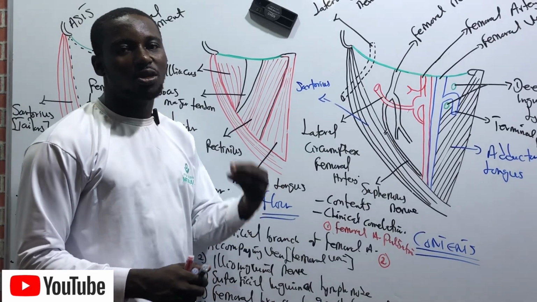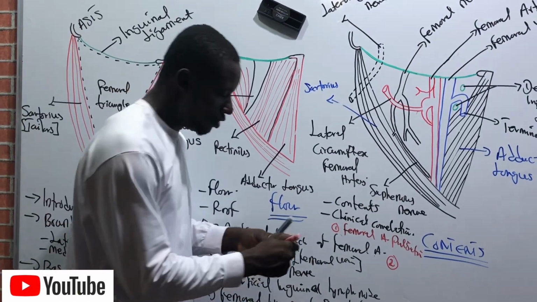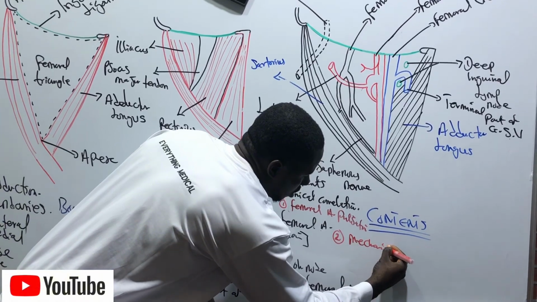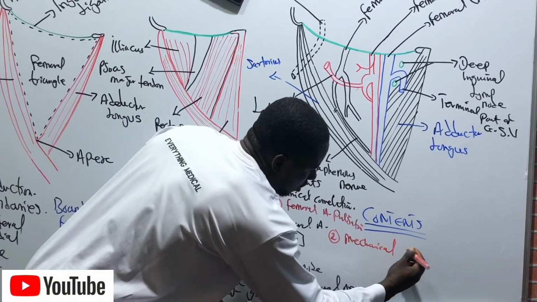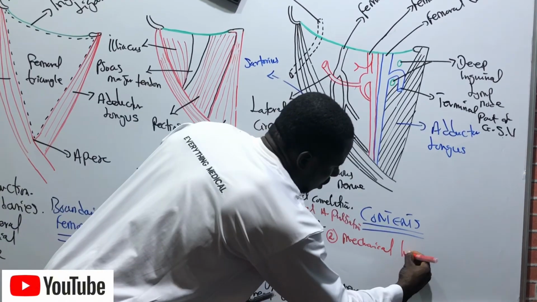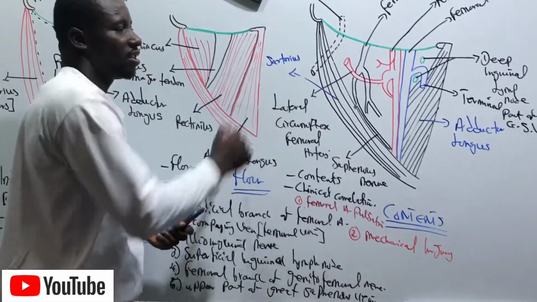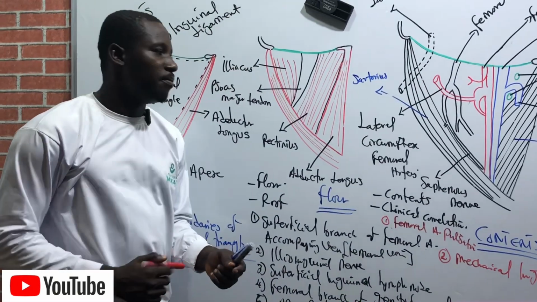It could be as a result of a mechanical injury. So mechanical injury could cause a lesion to the structures on the femoral triangle.